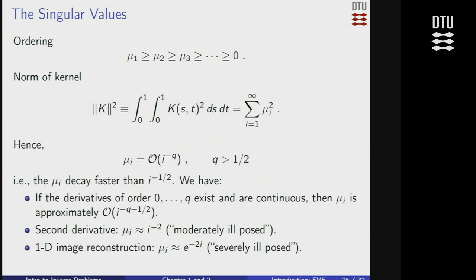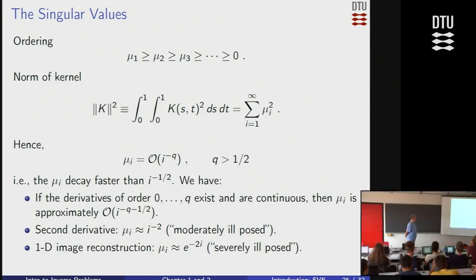Okay, so q is somehow related to how smooth the function k is as measured by the number of continuous derivatives. All right.